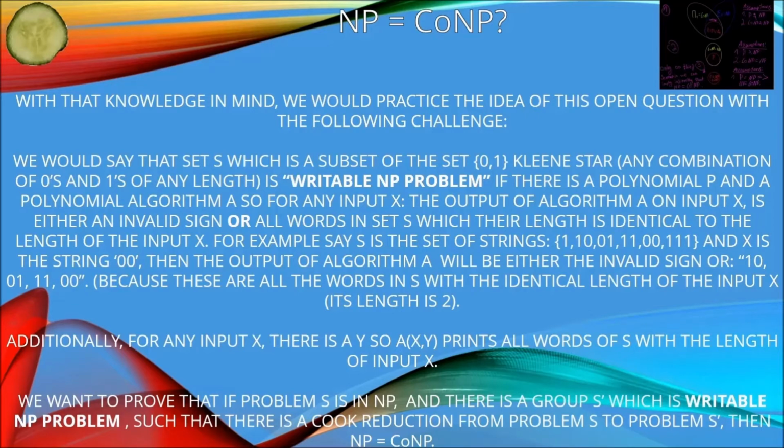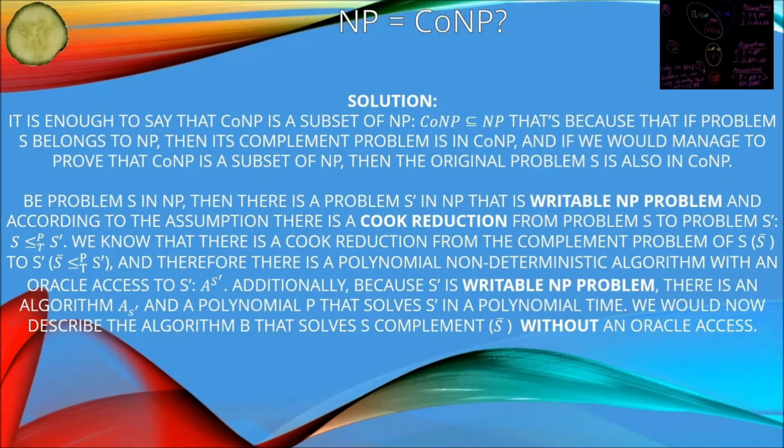Solution. We notice that it is enough to say that CoNP is a subset of NP. That's because if problem S belongs to NP, then its complement problem is in CoNP. And if we manage to prove that CoNP is a subset of NP, then the original problem S is also in CoNP.